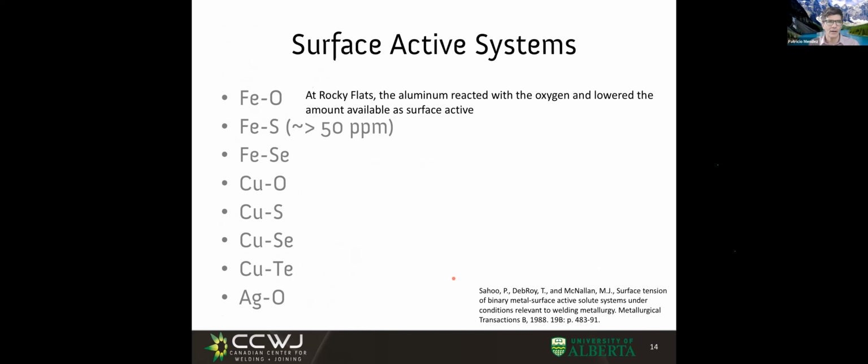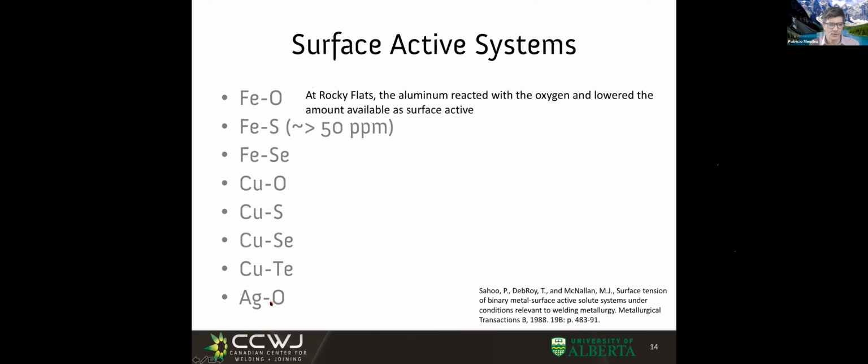Extremely important. Surface active systems: oxygen and sulfur in iron, selenium too, although I never heard of anybody having selenium problems, but I know it, so I'm putting it here. Copper has a similar effect with oxygen and sulfur, and also selenium and tellurium. It's not listed here to have a similar behavior, but I'm not sure.